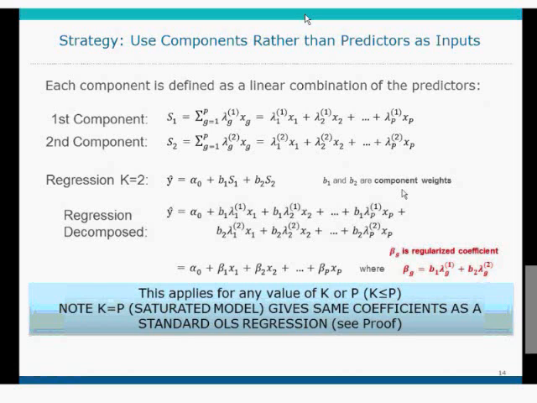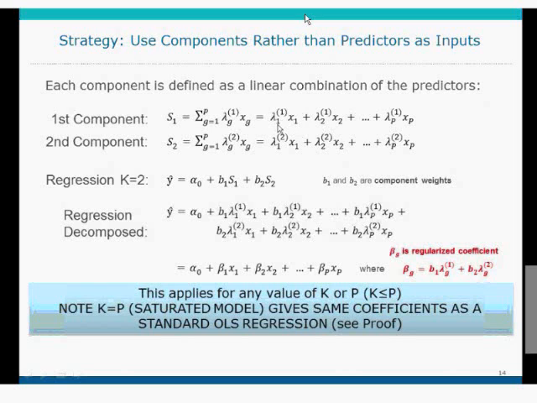Okay, so the basic idea of the component approaches, and we'll be talking about that for the remainder of this presentation, is that you use the components rather than the predictors as your inputs. Now, the first component, called S1, is just a linear combination of the predictors.